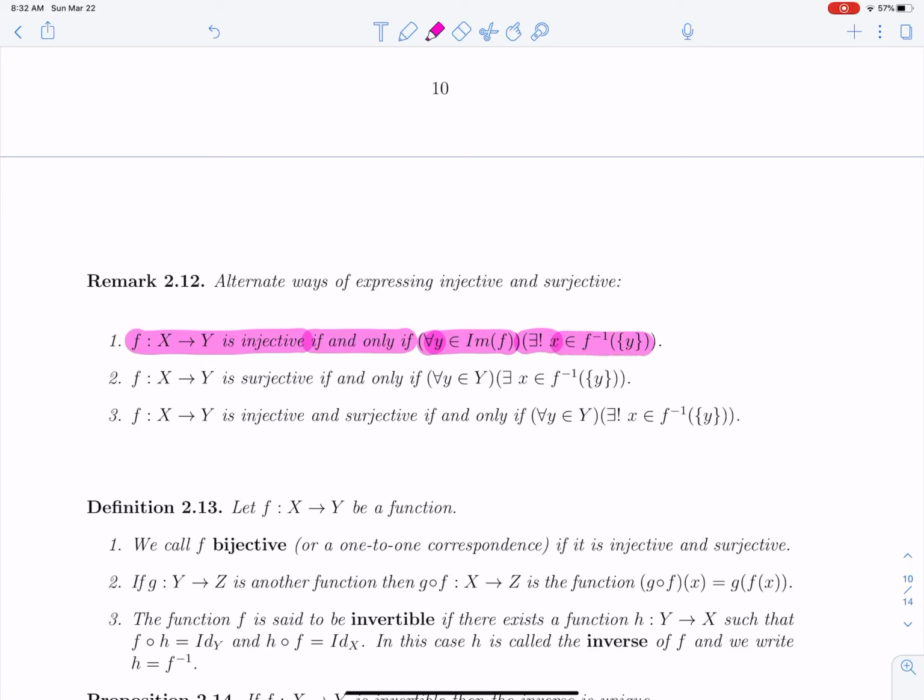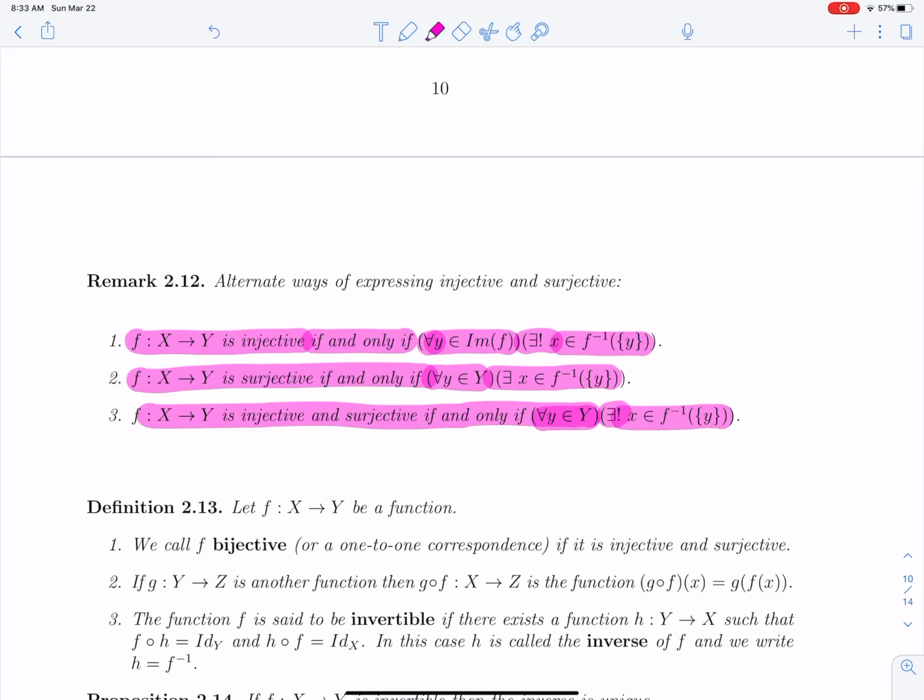So that's a new way of saying there's only one thing that maps to y. It's surjective if and only if for everything in the codomain there exists at least one thing in the preimage. And it's injective and surjective if and only if for everything in the codomain there exists a unique thing in the domain that's in the preimage.